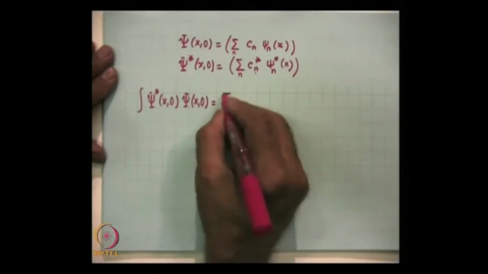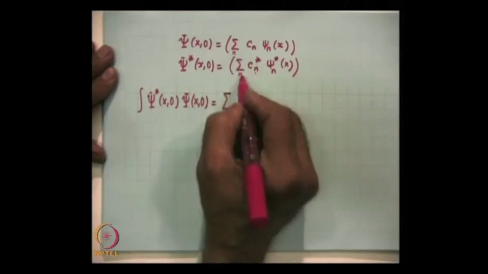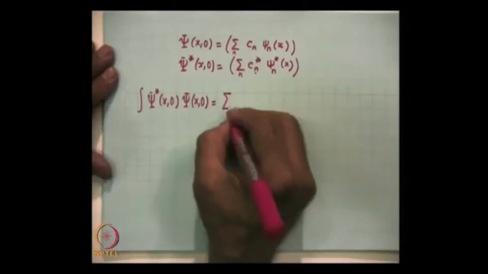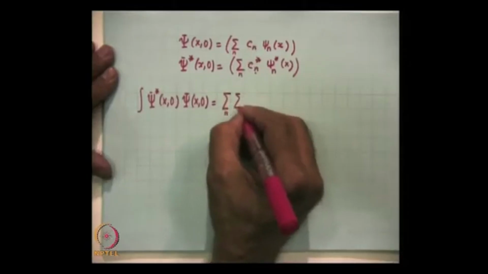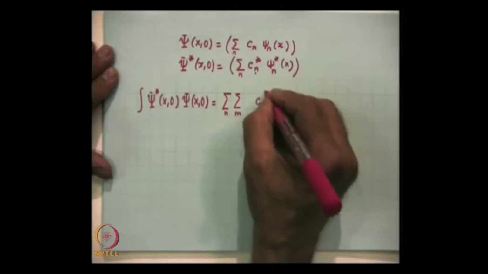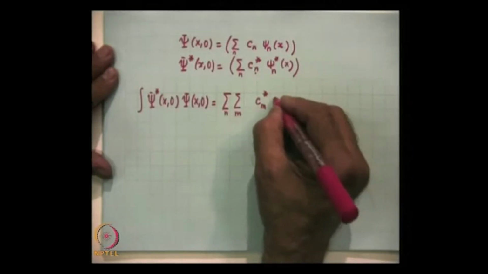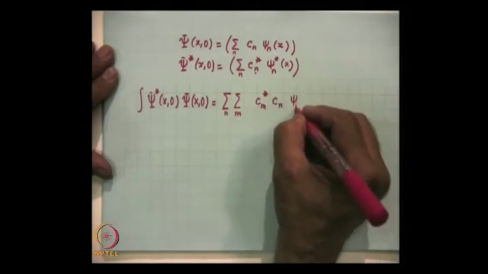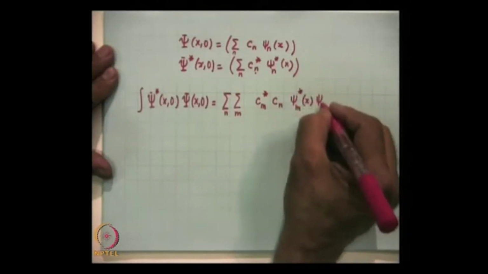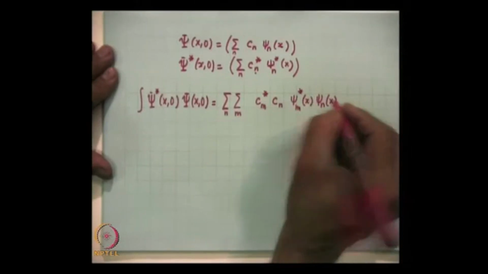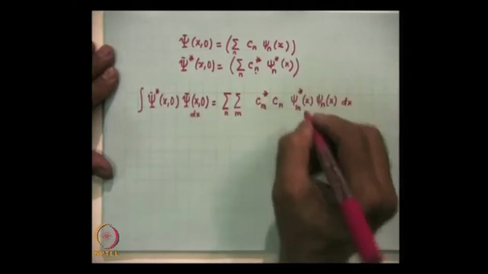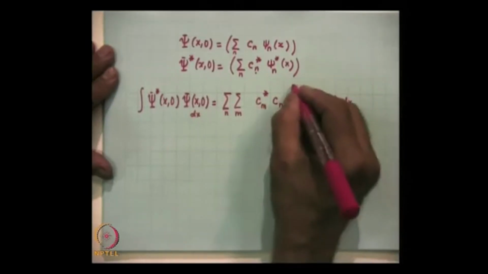I have two sums, one over n and one over this n, but this n should not get confused with this n. So I will write it as the sum over m of C m star, times the sum over n of C n, psi m star of x psi n of x. If I multiply by dx and carry out the integration, these are the only two quantities which depend on x.